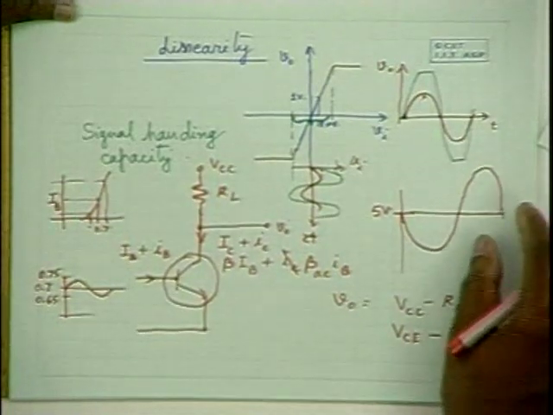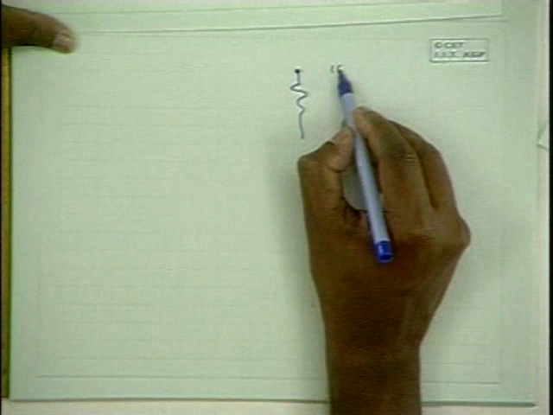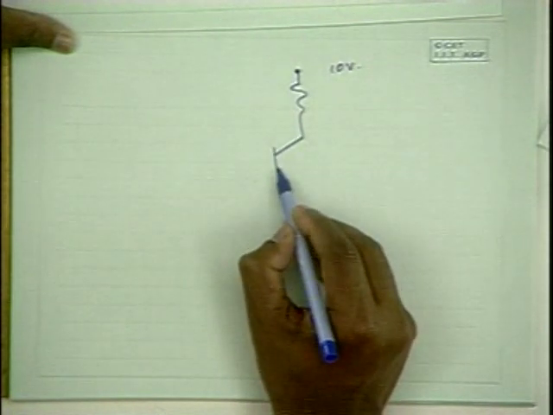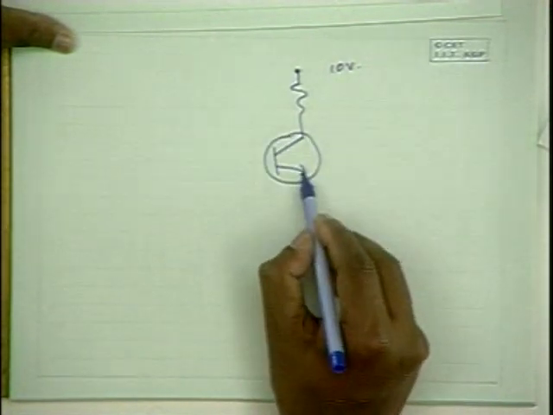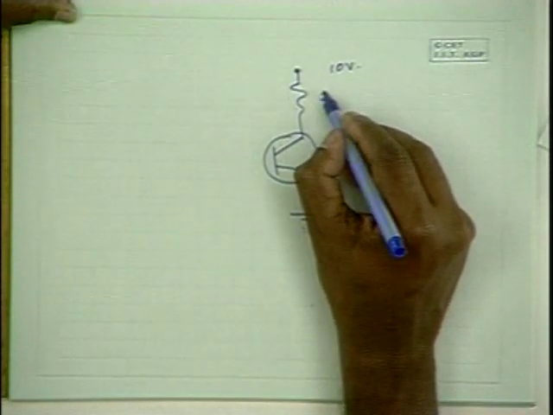Okay, so let me take a numerical example. Let me take this voltage as 10 volts, and this has 5 kilo ohms.